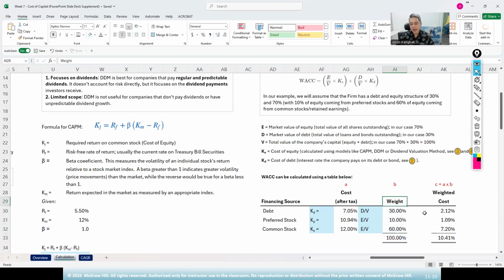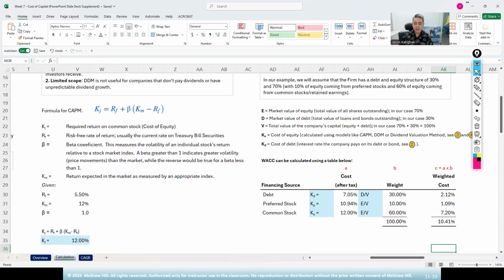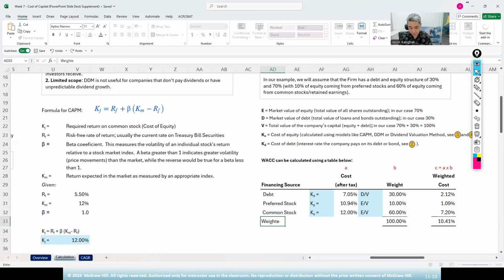And then I have here A and B. C, the weighted cost, is A times B. Basically, I'm just multiplying it. Now, 10.41 is the weighted average cost of capital. Basically, that's what it is.